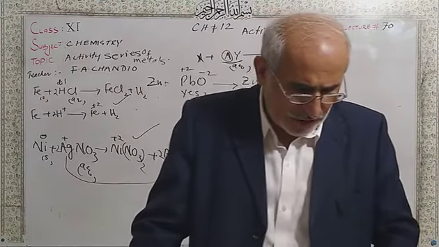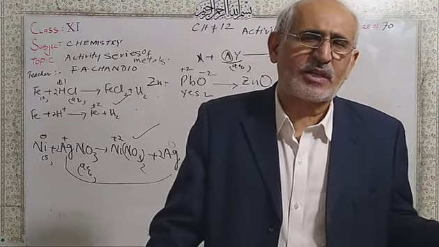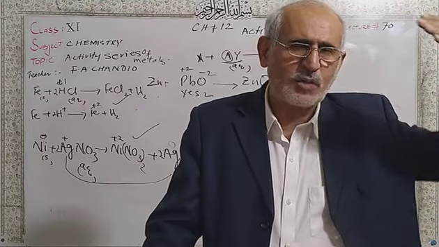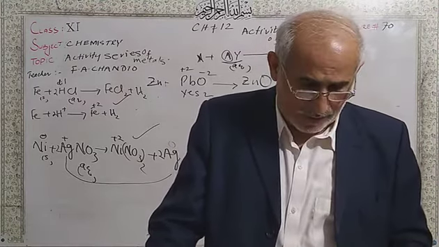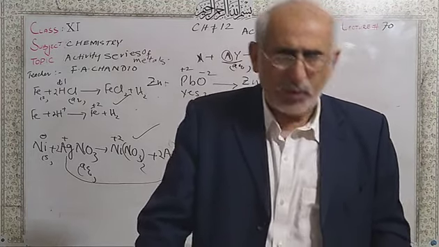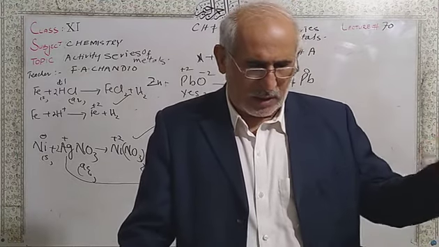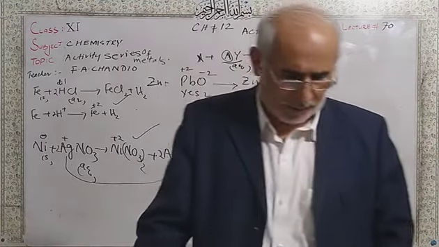Sodium and potassium can displace hydrogen because according to the activity series, sodium and potassium are at the top, with a very highly explosive chemical reaction with water. But copper and platinum do not, because platinum is a noble metal and copper is a moderately noble metal, so they can't.